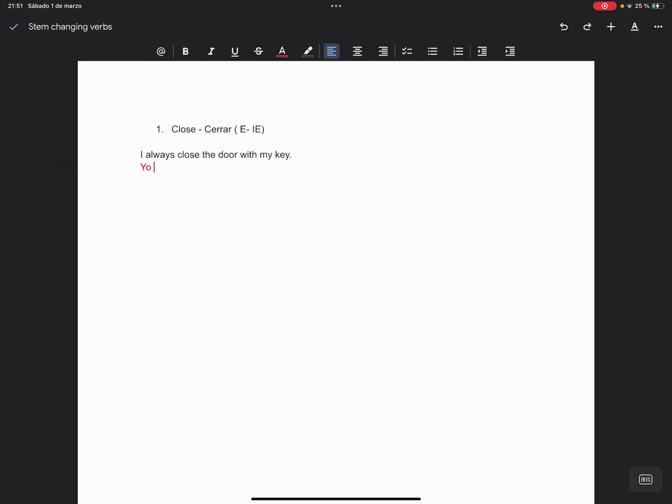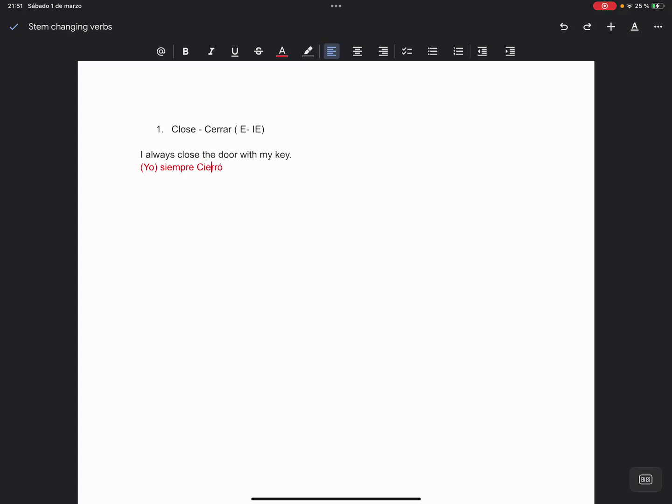Yo, I, although that can be said or not, that's completely up to you. Siempre, always. And now the verb is cerrar. So the stem, I should add the ending here. It should be cerro, but it's not, remember, because the E becomes an IE.